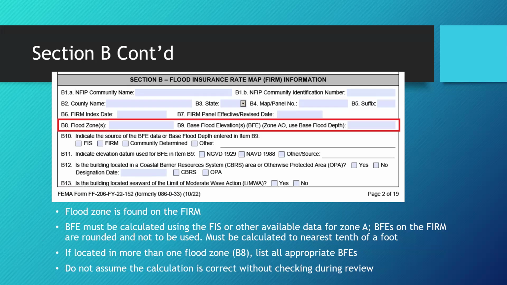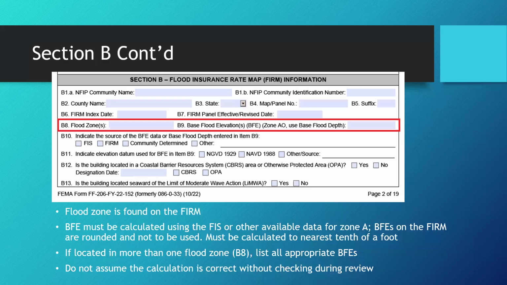I do have some more slides on this, but Keegan, my co-host, often helps people with these types of calculations. So if it's a detailed study area, meaning like a floodway or an AE zone, you'd be using the flood insurance study or the FIS or other available data for Zone A. And like I said, we have statewide data for things, so there shouldn't be a reason to use other sources.